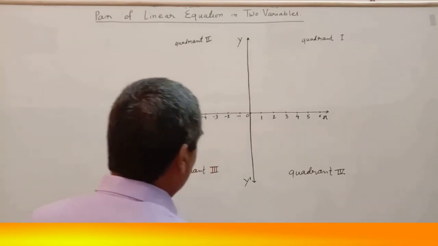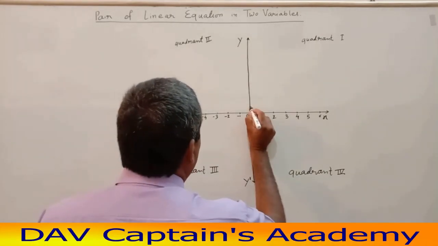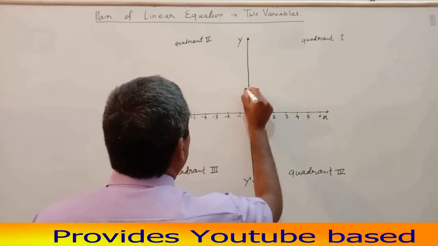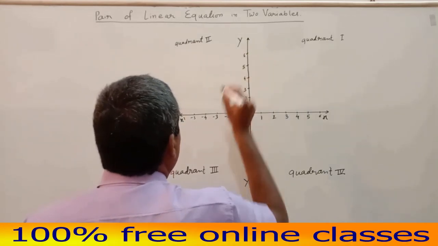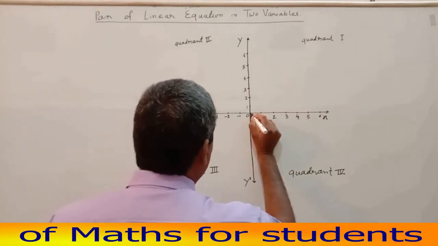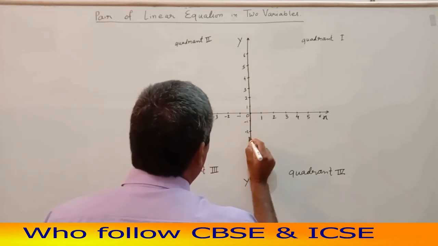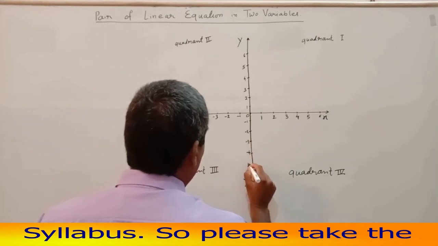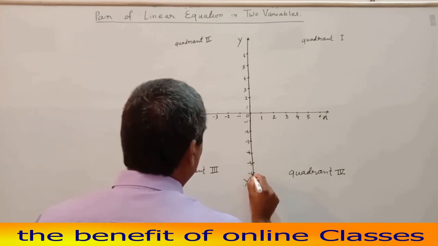If we move in the upward direction from the origin on the y-axis, we get +1, +2, +3, +4, +5, +6, and so on. And if we move in the downward direction from the origin, we get -1, -2, -3, -4, -5, -6, and so on.